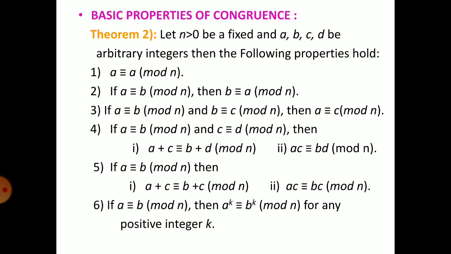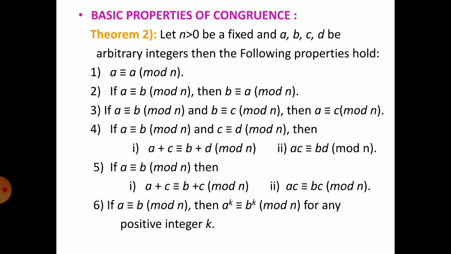That is, ac is congruent to bd mod n. And fifth, if a is congruent to b mod n, then a plus c is congruent to b plus c mod n, and ac is congruent to bc mod n. Fifth is nothing but the same as fourth.